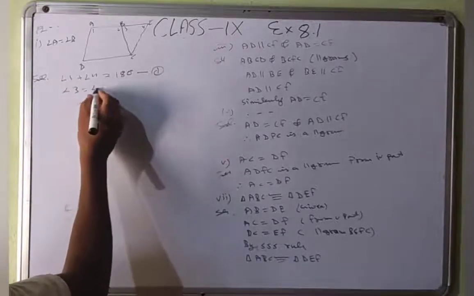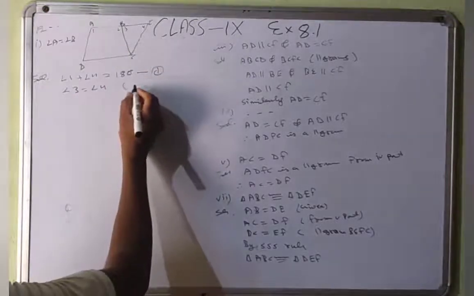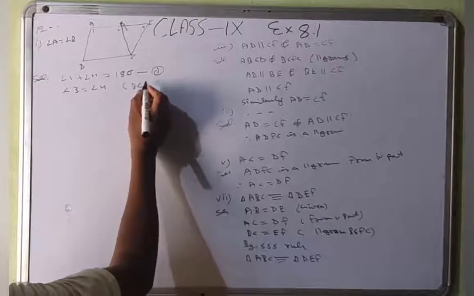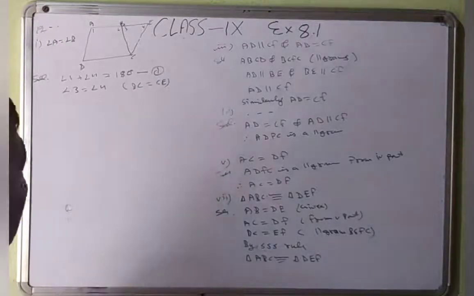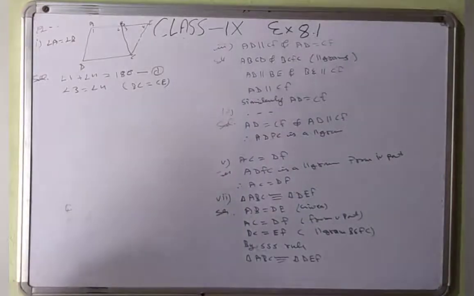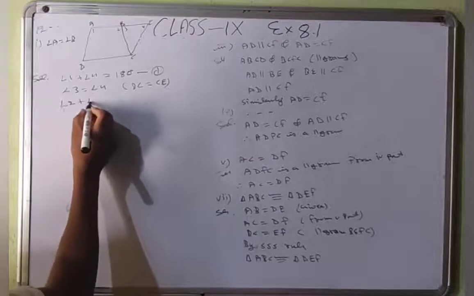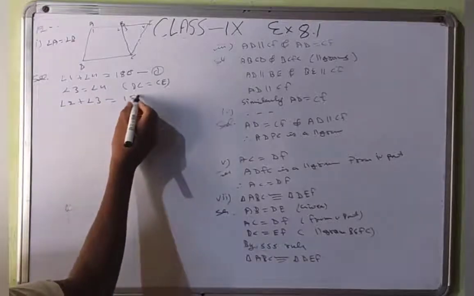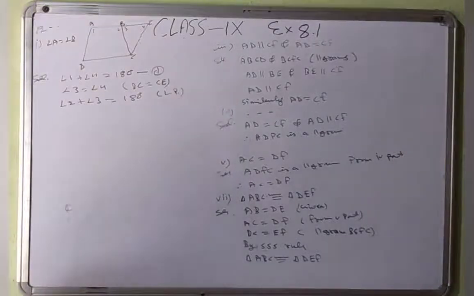Angle 3 is equal to angle 4, because these two sides are equal, BC is equal to CE. And angle 2 plus angle 3 is equal to 180 degrees by linear pair. And angle 3 is equal to angle 4 is also there.